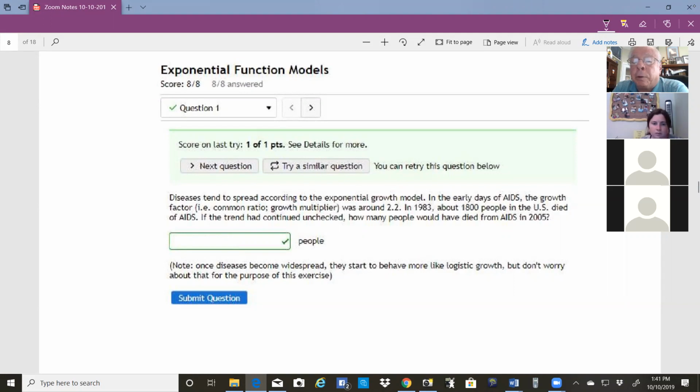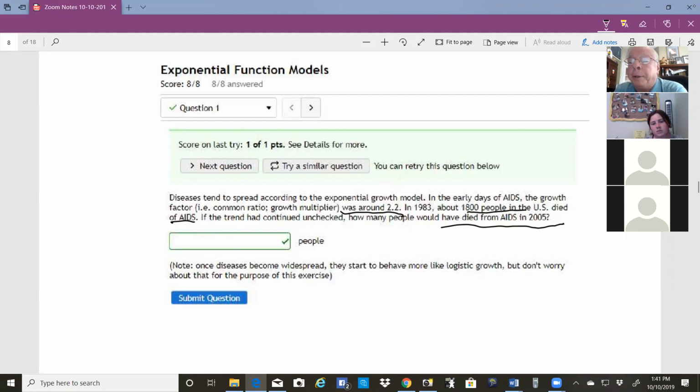It says the growth multiplier was 2.2. In 1983, there were 1,800 people in the US that died of AIDS. If the trend had continued unchecked, how many people would have died by the year 2005?